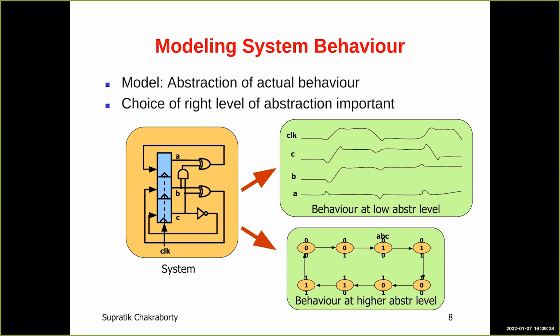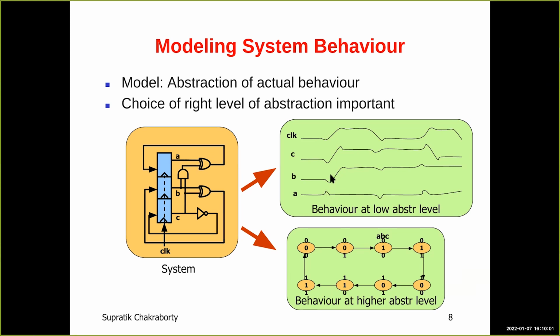So what is very important when you're trying to model system behavior for verification purposes is that the same system can be described at multiple levels of abstraction. So you have to choose the behavior at the right abstraction level so that it is suitable for the kind of property you want to check.